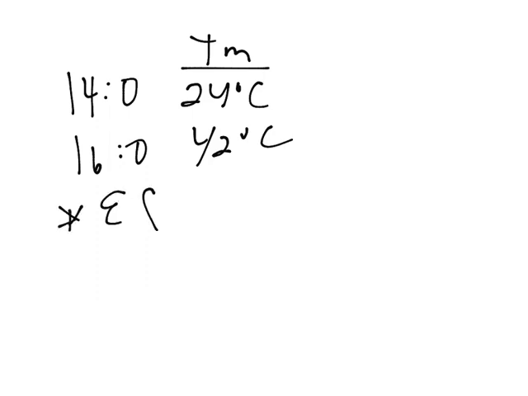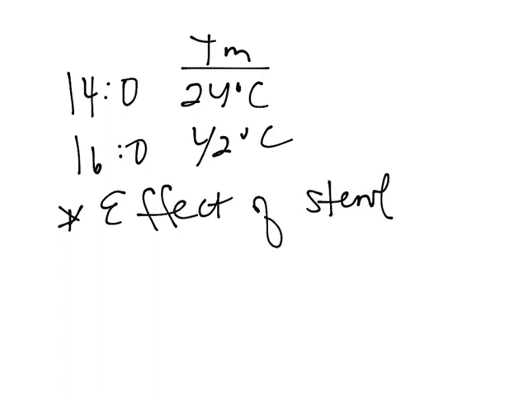We also saw in our activity the other day the effect of sterols, so looking at cholesterol's effect on the melting temperature or the fluidity of your bilayer. And we saw two different effects.